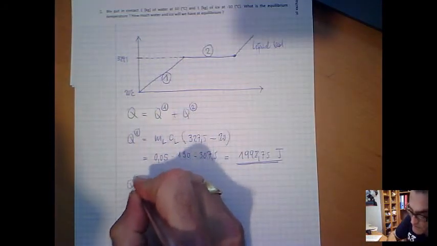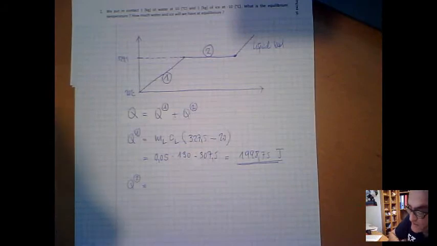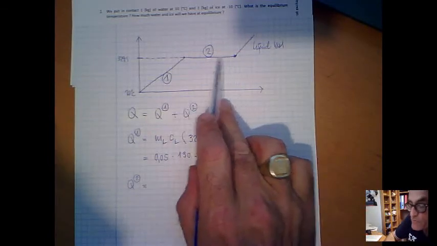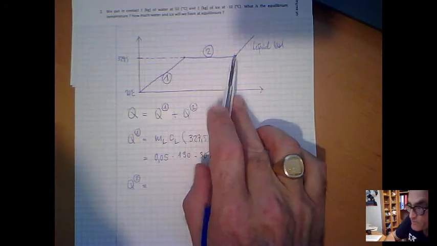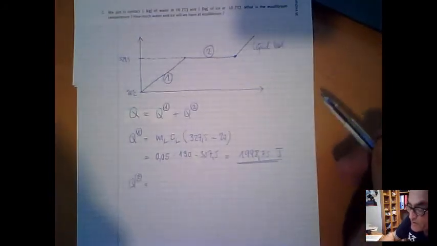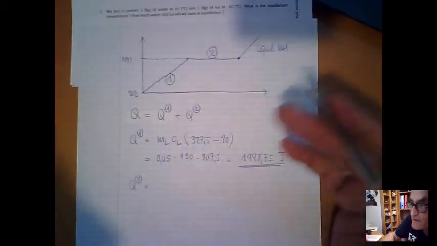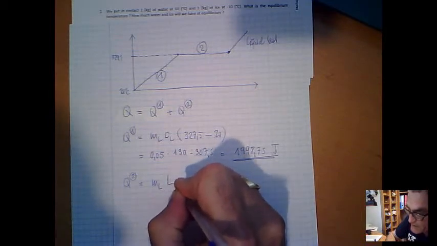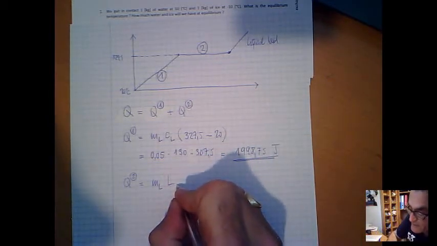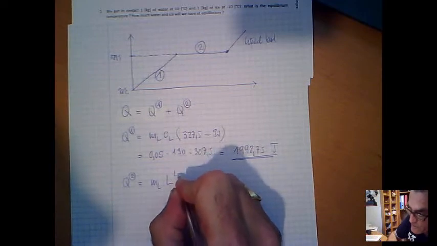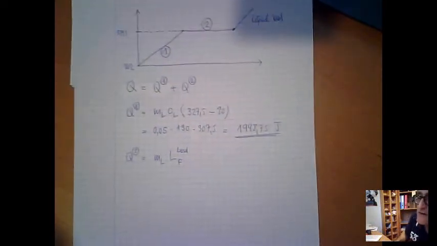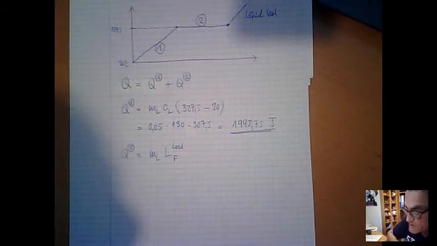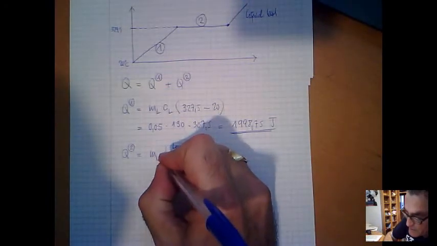Now for the second phase, we have a fusion. It's no longer a phase of heating up the material. During the fusion, the temperature doesn't change. We are just breaking the bonds. To break these bonds, we need an energy, which is the mass of the lead times the latent heat of fusion of the lead. Let me write lead in all letters.